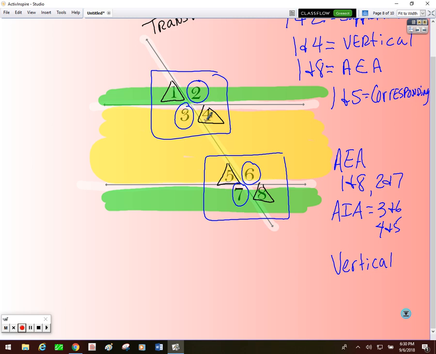So I have 1 and 4 at the upper intersection, and I have 2 and 3 at the upper intersection. Then on the bottom intersection, same thing, acute and acute. I'm just finding the angles that match. 5 and 8 and 6 and 7. Okay, those are my vertical angles. What about corresponding?